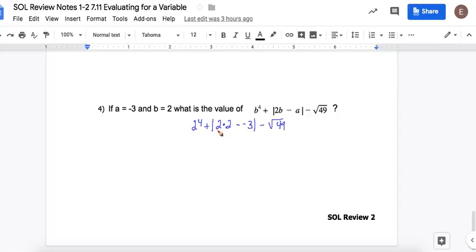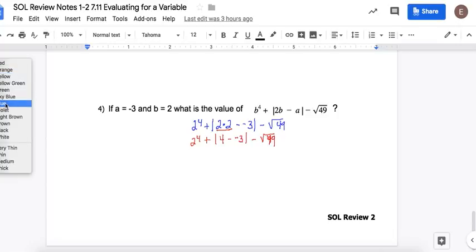So inside I see 2 times 2, which is 4. So we're going to write 4 minus -3. We have to put the absolute value symbol back, and 2 to the 4th power plus, and then minus the square root of 49. Okay, we're still not done with the absolute value here.